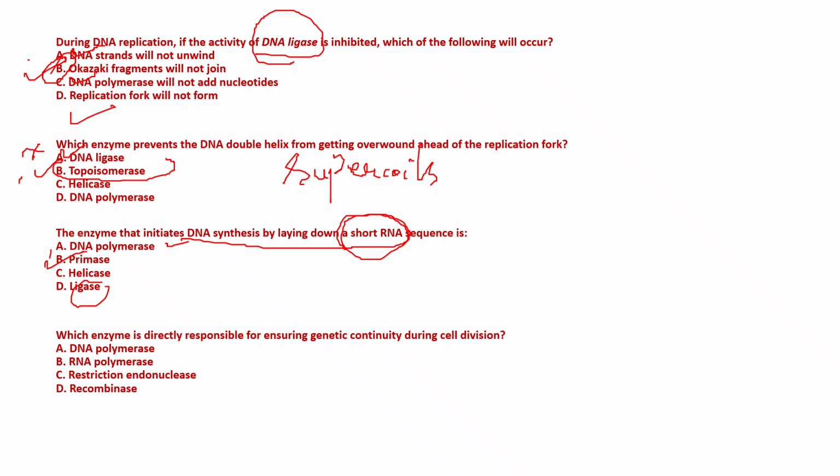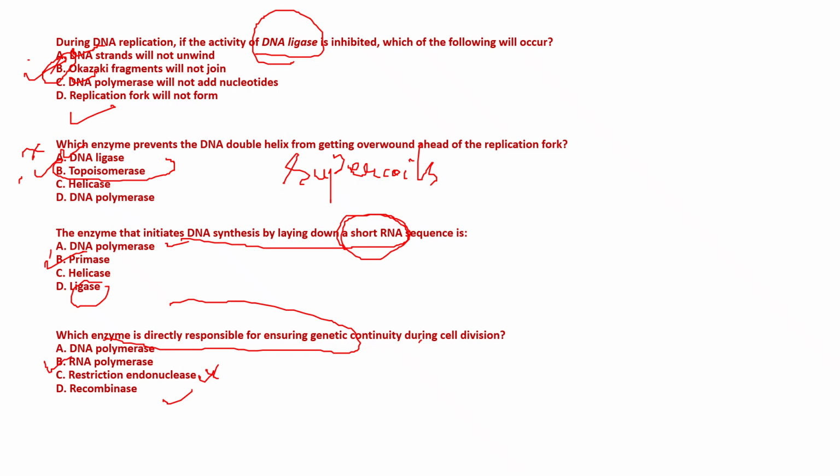Which enzyme is directly responsible for ensuring genetic continuity during cell division? Recombinase? No, students, it is not. Recombinase acts only during meiosis. Restriction endonuclease is involved only in biotechnology, helping in fusing the foreign gene and the vector gene.